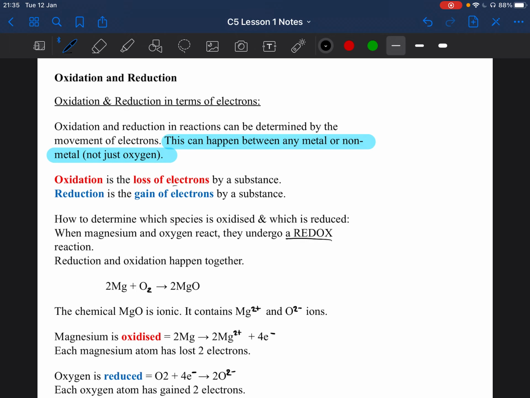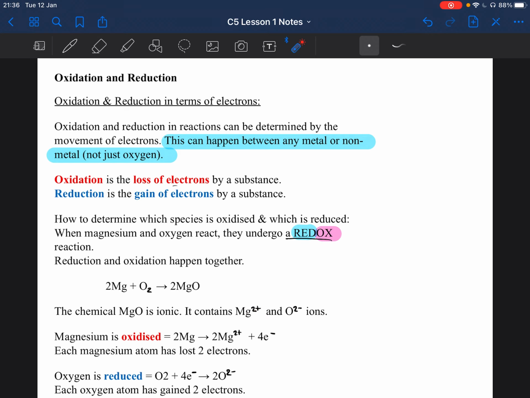And it's called redox because we've got reduction and oxidation happening at the same time. So if we look at our equation here, 2Mg plus O2 makes 2MgO. Magnesium plus oxygen makes magnesium oxide. Magnesium oxide is ionic. It's made of Mg2+ and O2- ions.